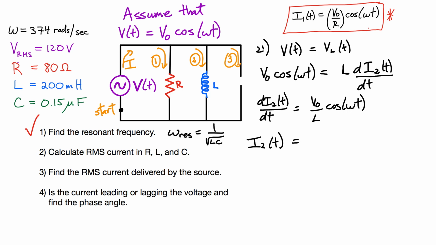I know that the derivative of a sine gives me a cos. And all I have to do is take care of this additional omega factor that's going to come out over here. So it's going to look like this: sine of omega t. All right, and you can check this out. You could substitute this expression back into this one, take the derivative of this current relative to time, and you're going to see at the end you're going to get the same expression on the right-hand side.